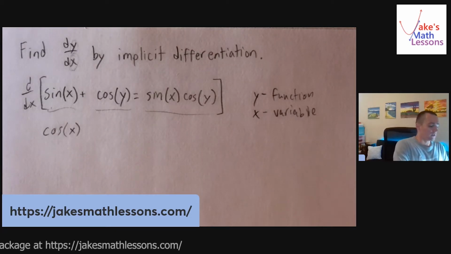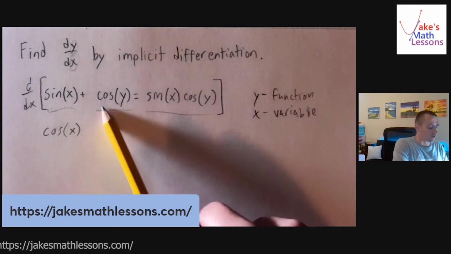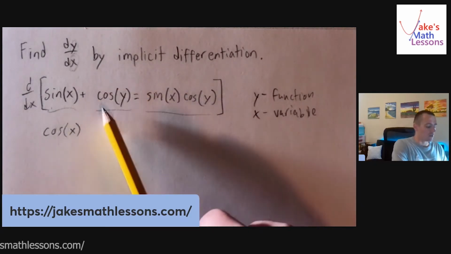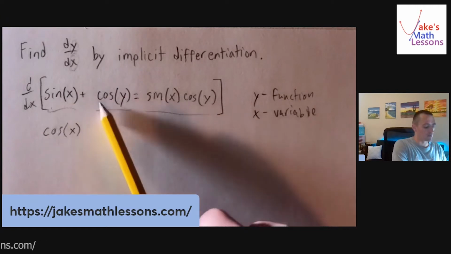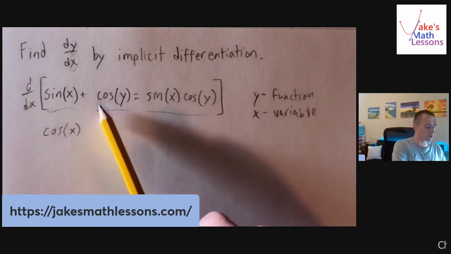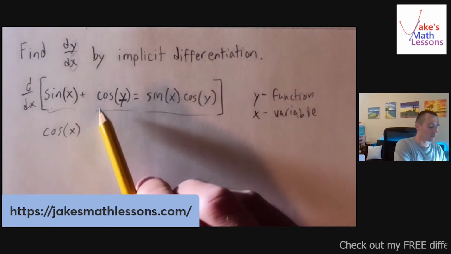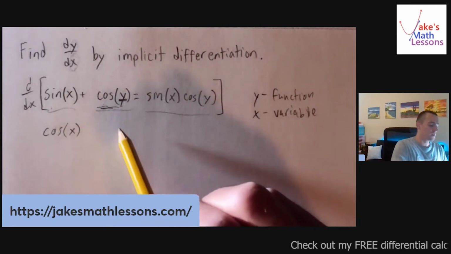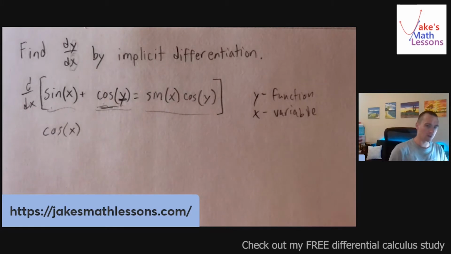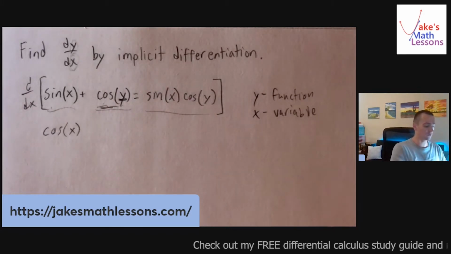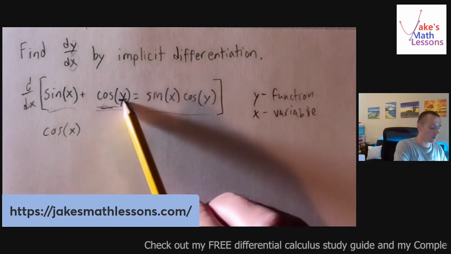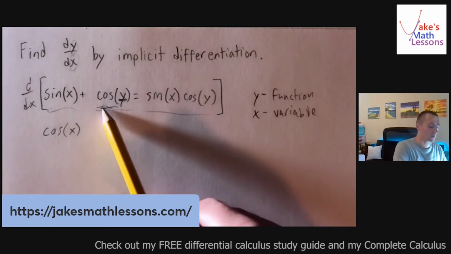So we have to use the chain rule to find the derivative of this term. This is a composite function, because we have a function y plugged into another function, the cosine piece. So we have y as our inner function and the cosine as our outer function.